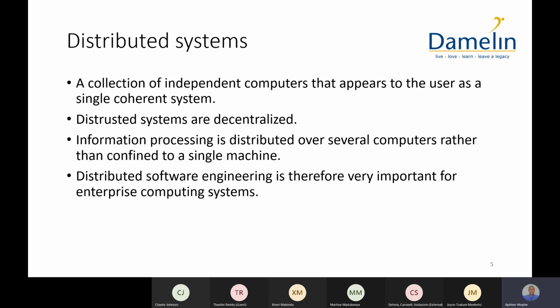So distributed software engineering is therefore very important for enterprise computing systems, okay? Enterprise, very big organizations with a lot of users. If you're going to expect a particular enterprise to operate in a typical client-server manner, then the server can end up being overwhelmed. So you can see the use of having distributed systems to add that additional processing power.